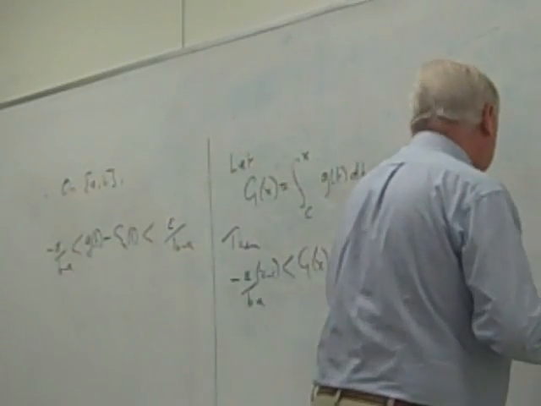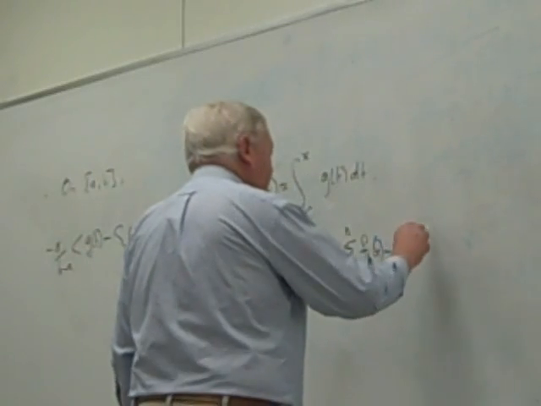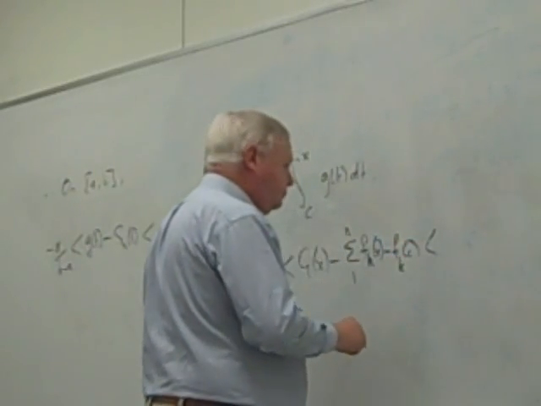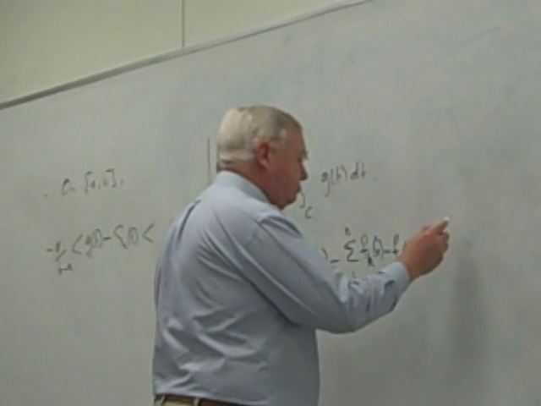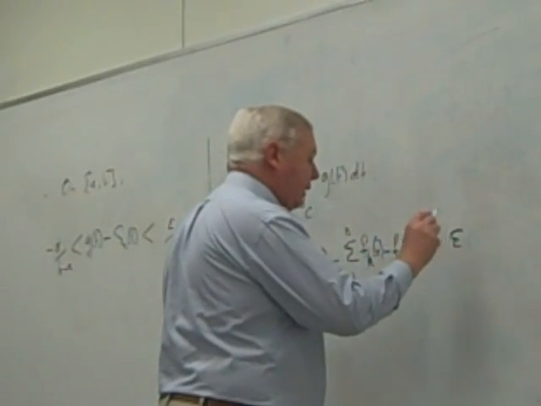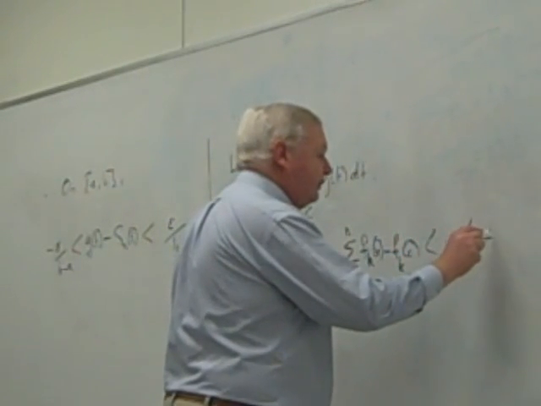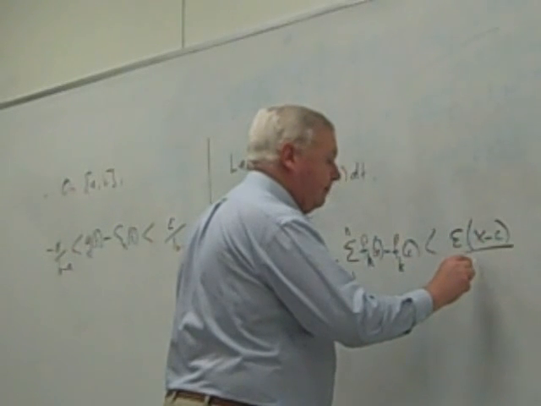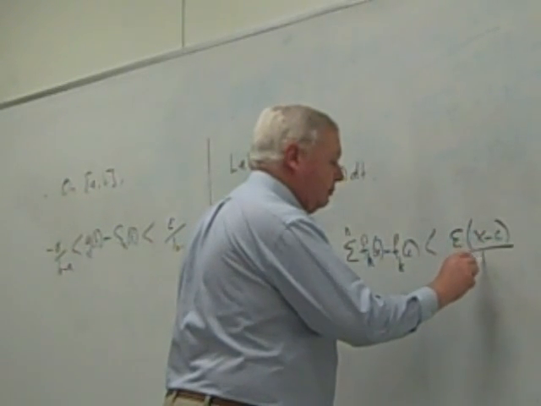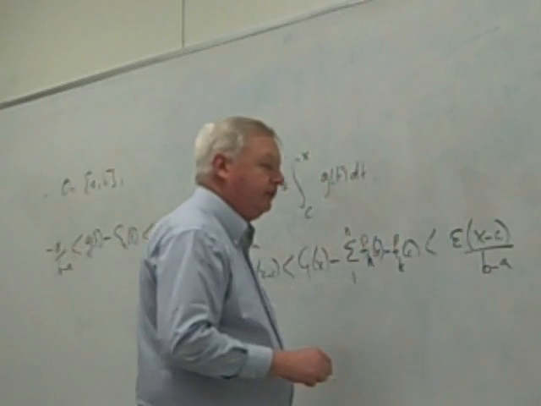And then on the right, I get epsilon times x minus c over d minus a.